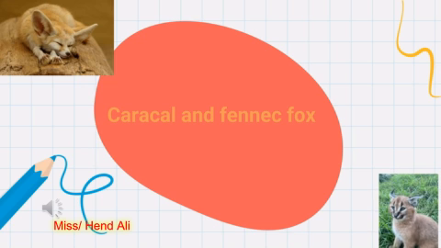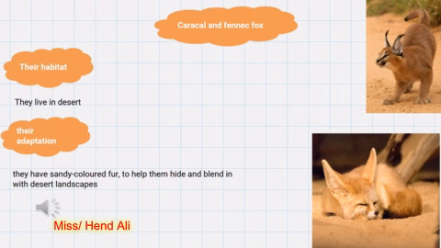And now let's talk about the caracal and fennec fox. The one up is the fennec fox, and the one down is the caracal. Their habitat: they live in the desert. Their adaptation: if you have noticed, the color of their fur is sandy colored fur.